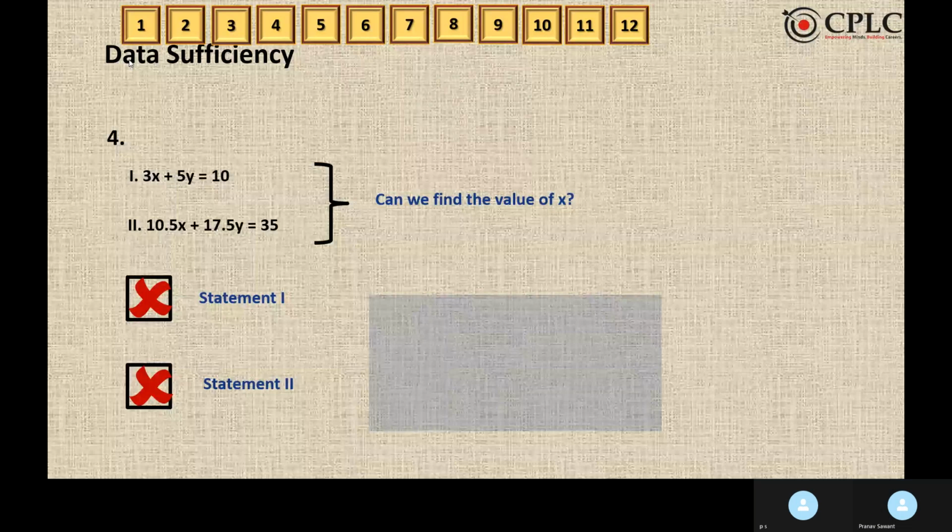But there are some exceptions. If you solve these two equations simultaneously, you'll try to make one variable equal. So if you make x equal, x in the second statement is 10.5. What you'll do is try to make 3x into 10.5x, so you'll multiply it by some value.